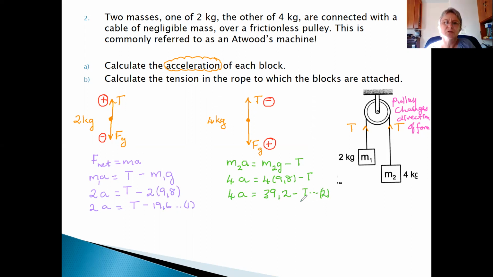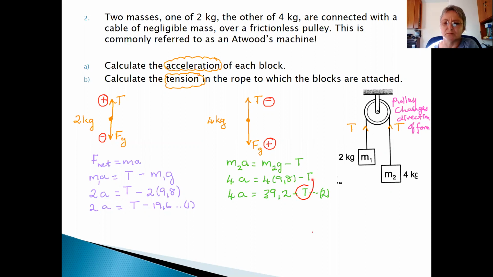Two unknowns, these two: acceleration is unknown and tension is unknown. So we need two equations. I notice that here tension is in the positive direction in equation 1, and in equation 2, tension is in the negative direction.